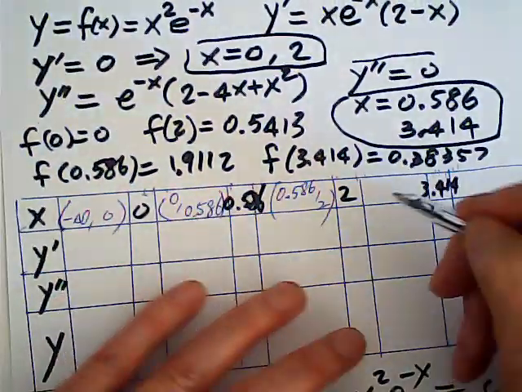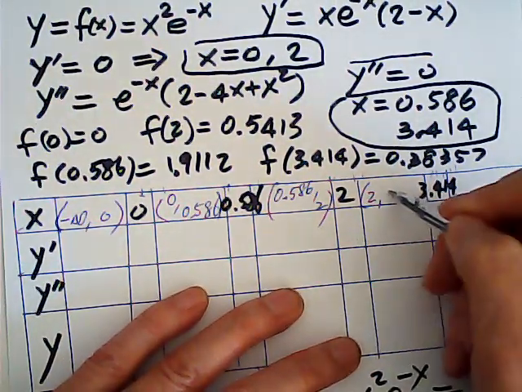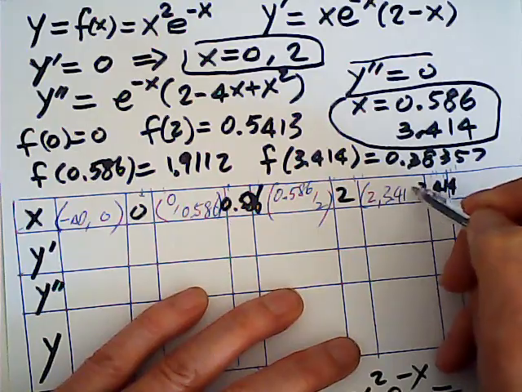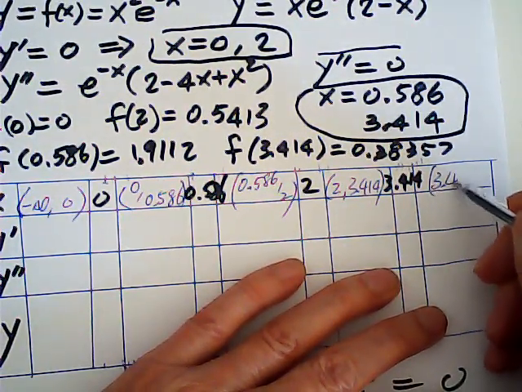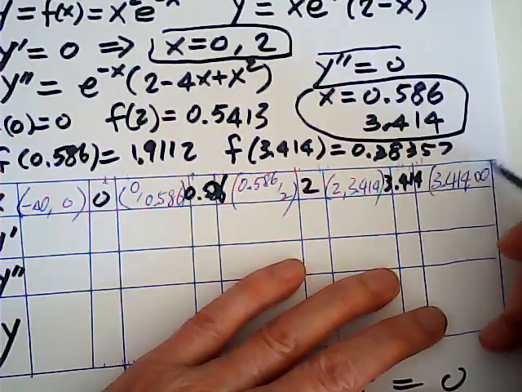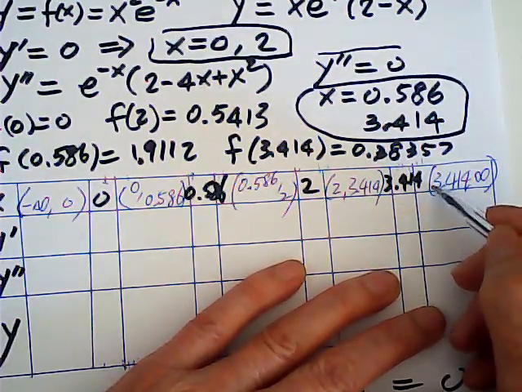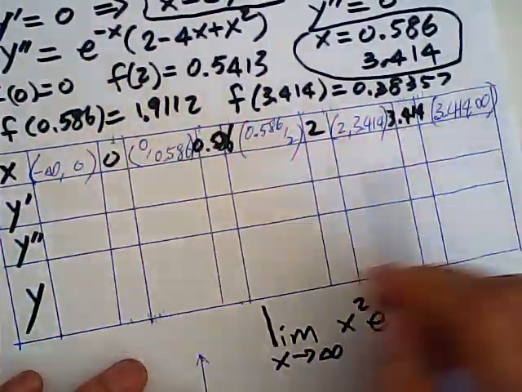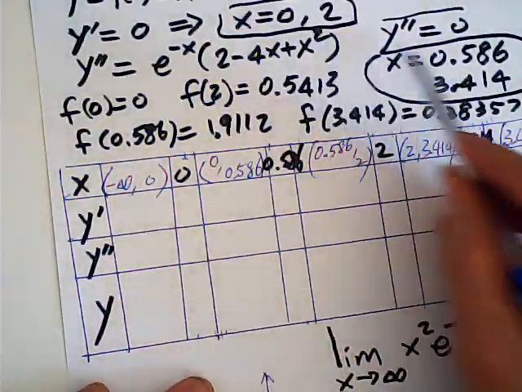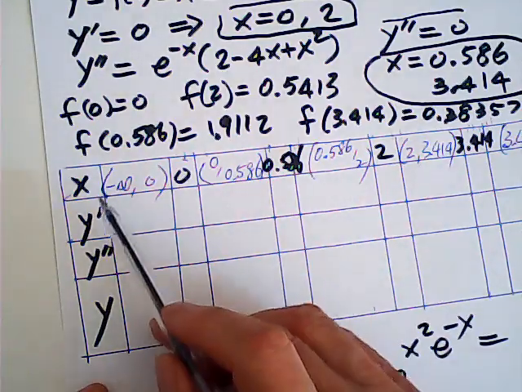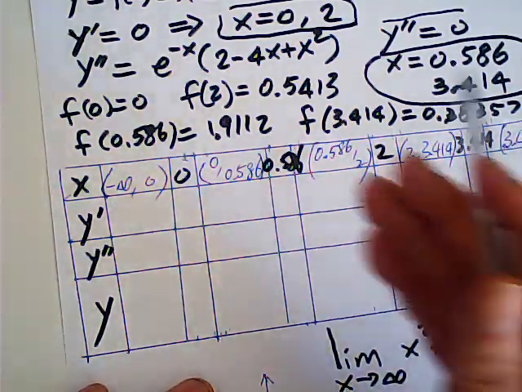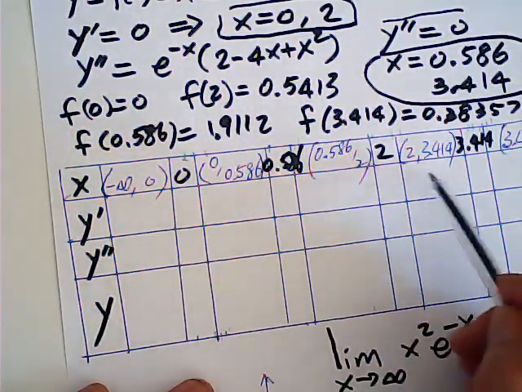That's the interval. This was 2 to 3.414. This was from 3.414 to positive infinity. See what I'm saying, that we have 4 critical points. We divide the whole interval from minus infinity to positive infinity into 4 sub-intervals.